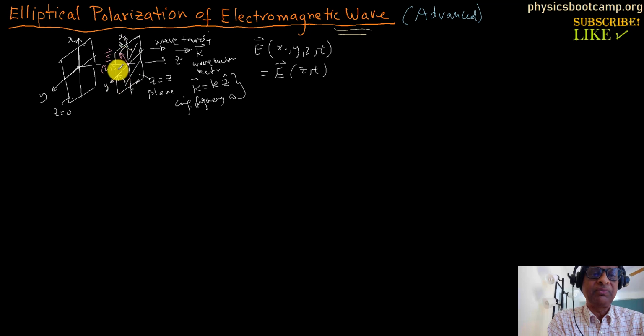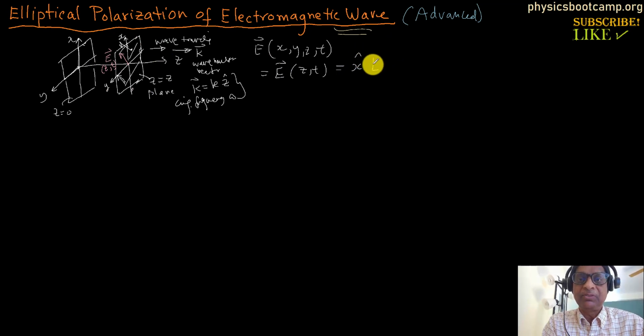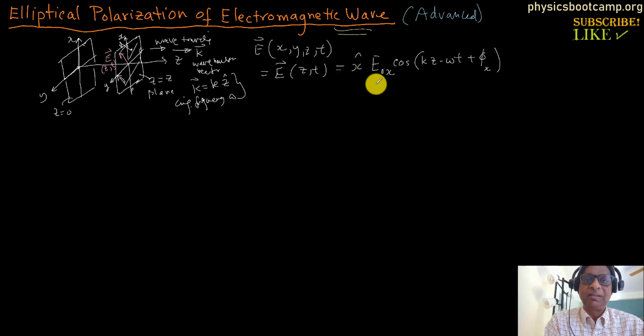So this electric field is the same at all of these points, and it's going to have some x component or some y component. You can see from this notation, you can have some x hat with its own amplitude and a cosine of kz minus omega t plus its own phase constant. So this is along the x component. The y component can have its own wave.